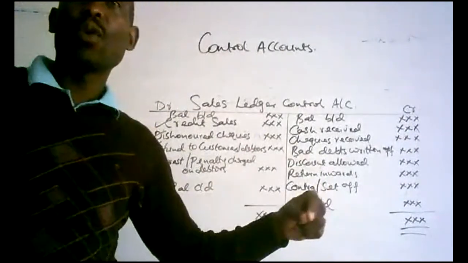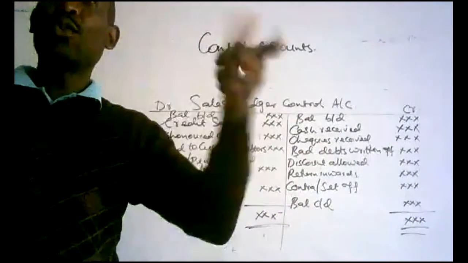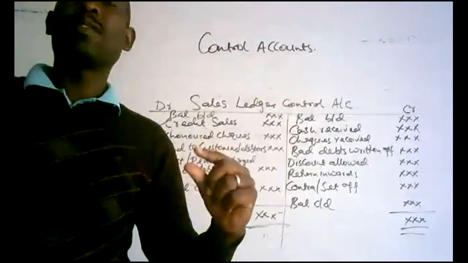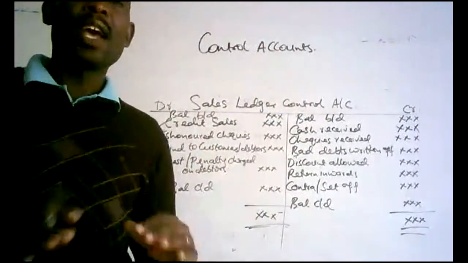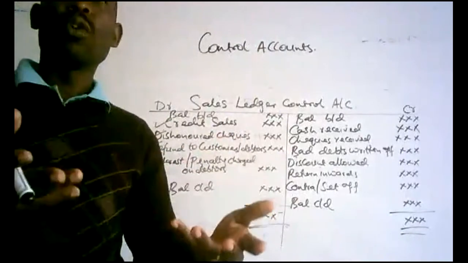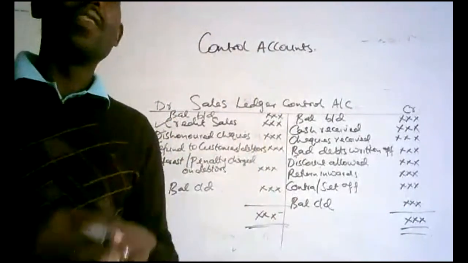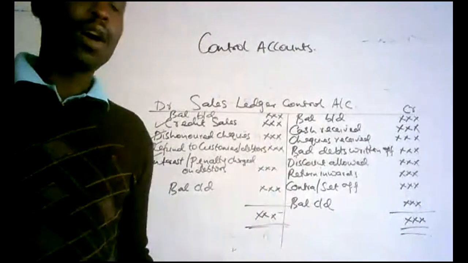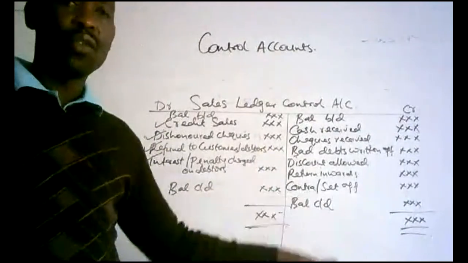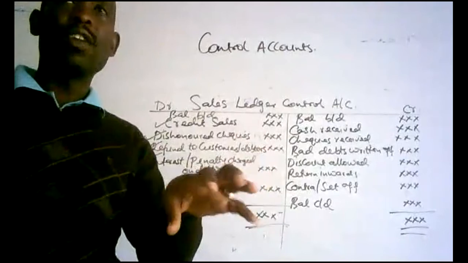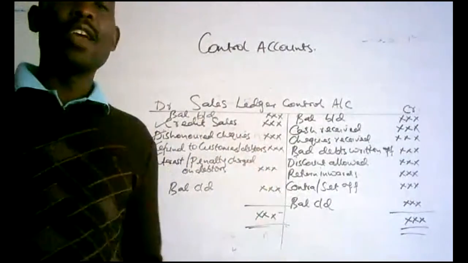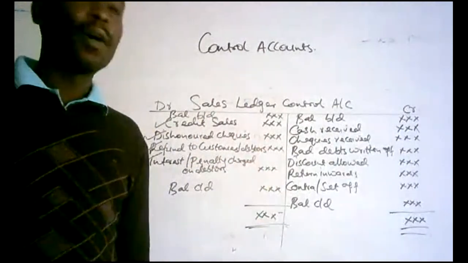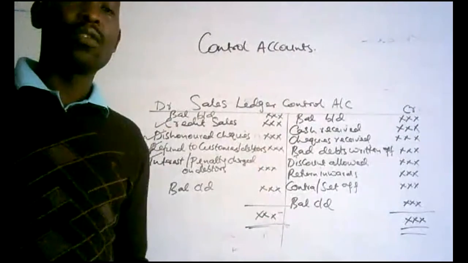It is a transaction whereby I owe somebody money, and the person owes me a certain amount of money. The amounts cancel out. That is what we call a set-off. If I owe you 500 and you owe me 500, then nobody owes the other person. That debt has been cancelled.